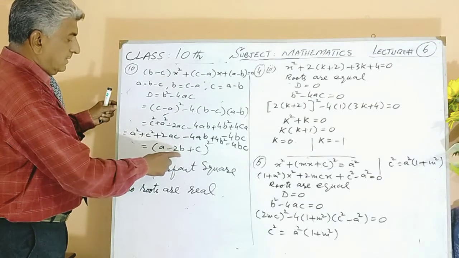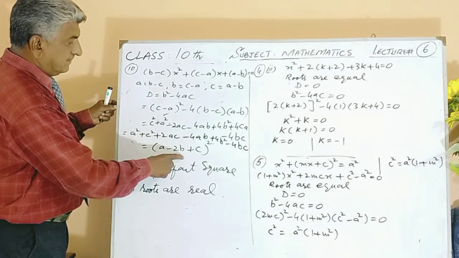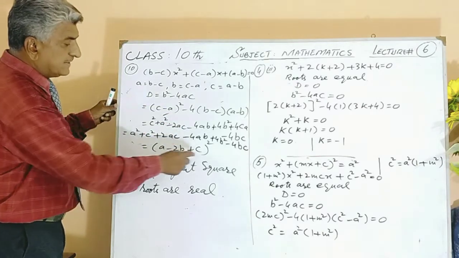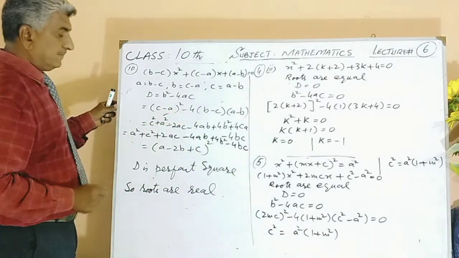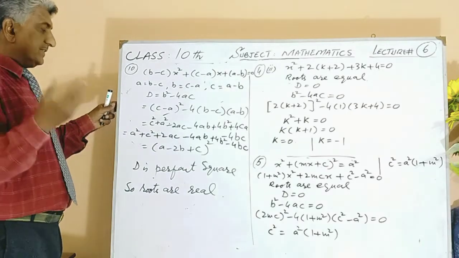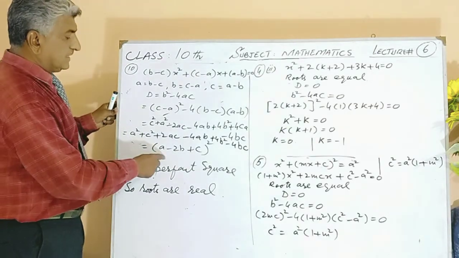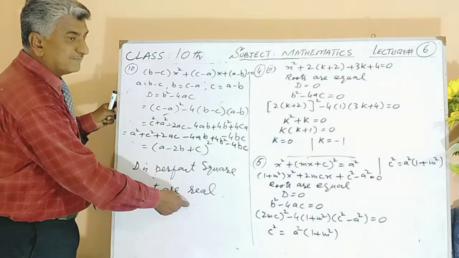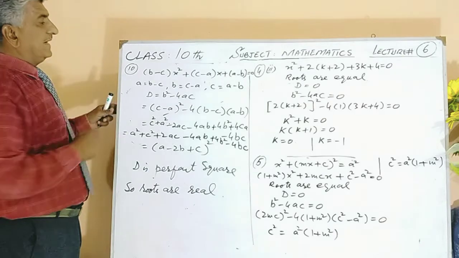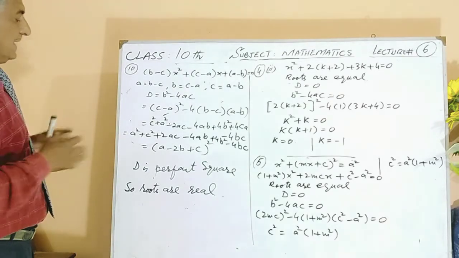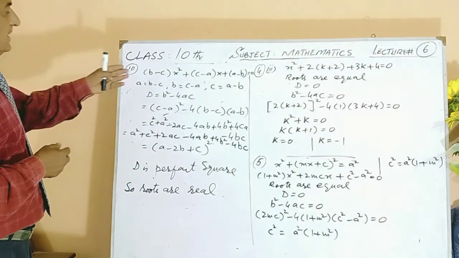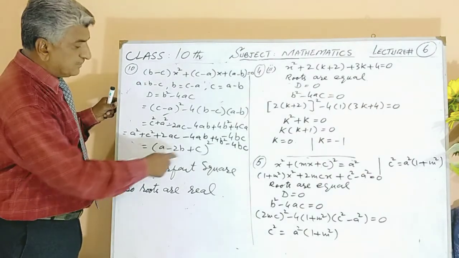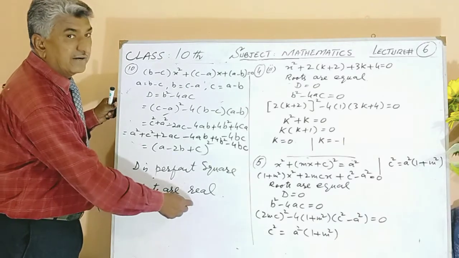So you see that after simplification, the discriminant is a perfect square, and we have already discussed that if the discriminant is a perfect square, then the roots are real. So in question 10, it was required to show that roots of this equation are real. We have shown that d is a perfect square, so roots are real.